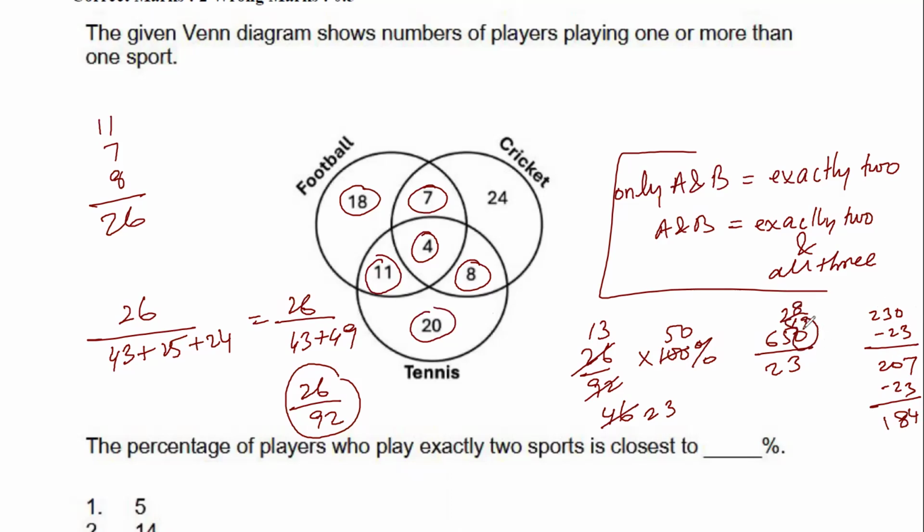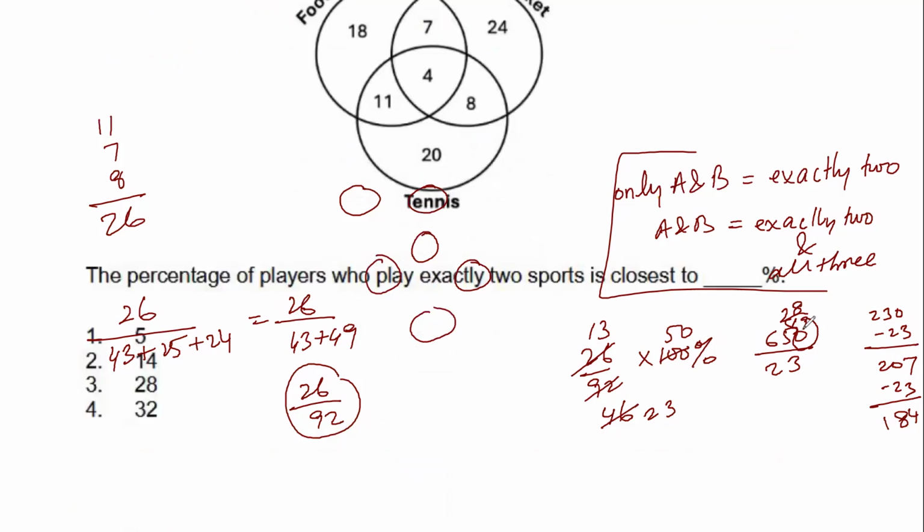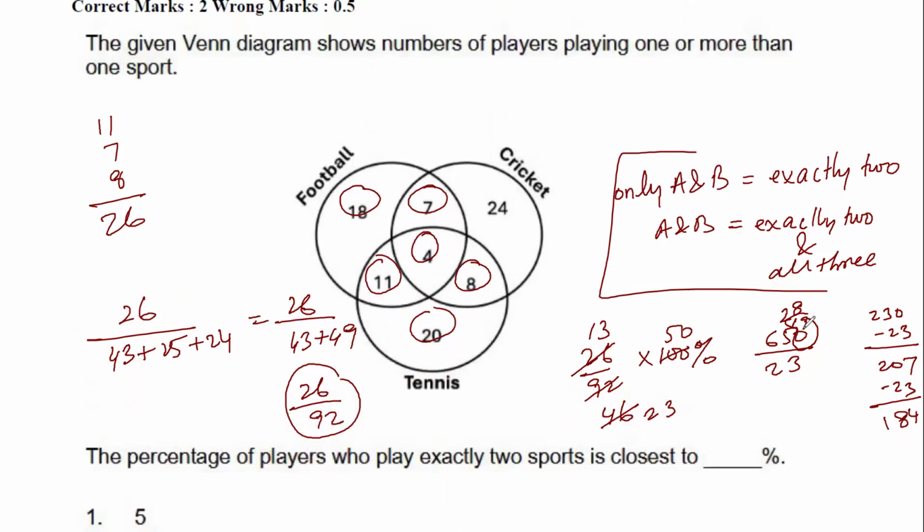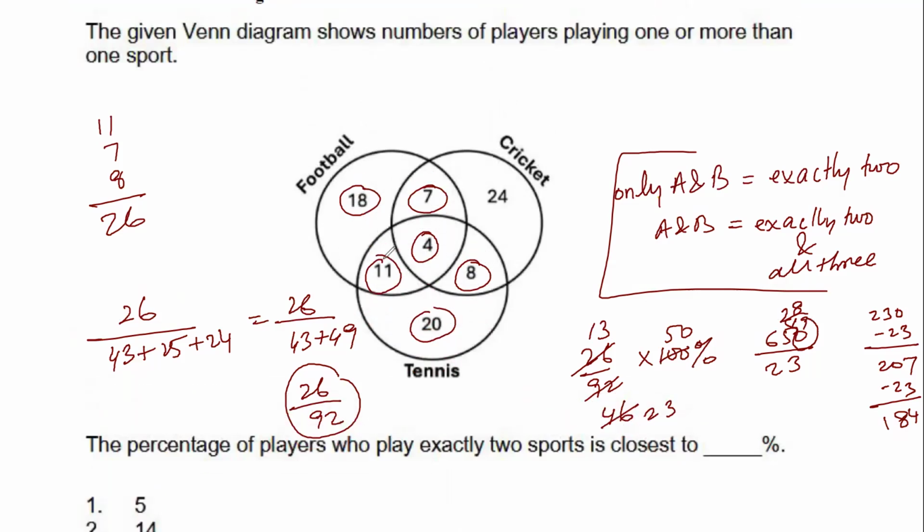So I know it's 23 eights. So I know it's close to 28%. And therefore 3 is my answer. Got it? So for this question, the answer is C. 28.